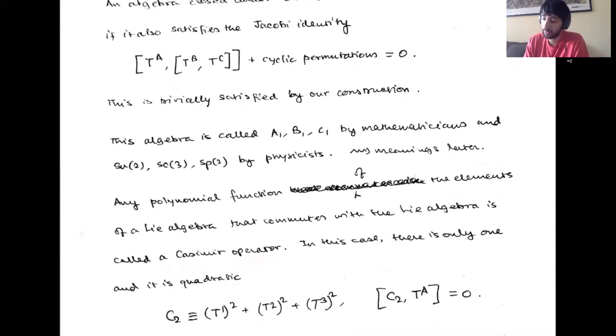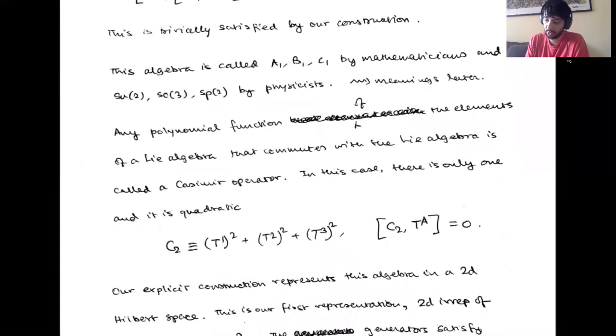This is T1 squared plus T2 squared plus T3 squared, and you can check that it commutes with the generators. This is J squared, if you wish. I call these things T, but you would be more familiar calling them J. Anyway, we will keep to our T's.